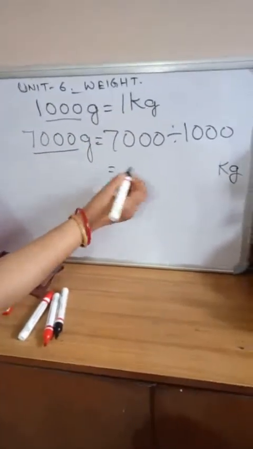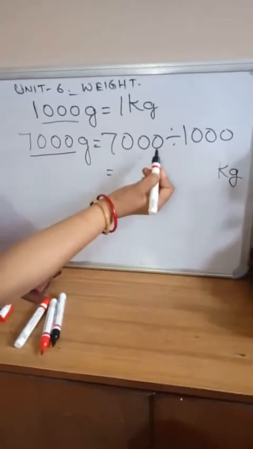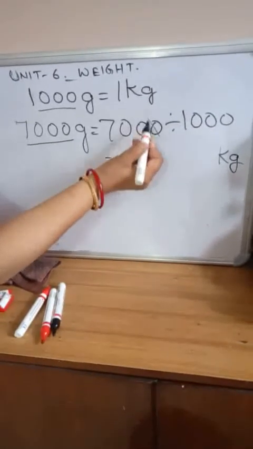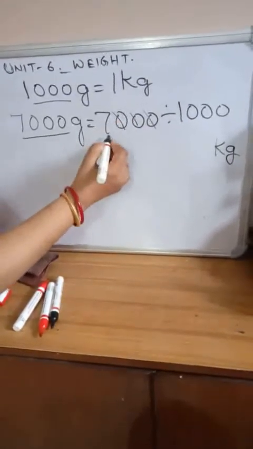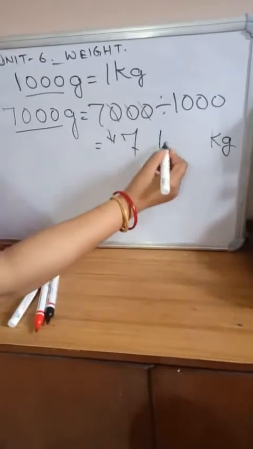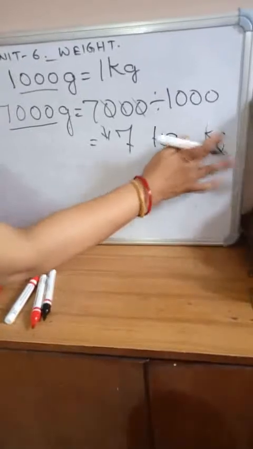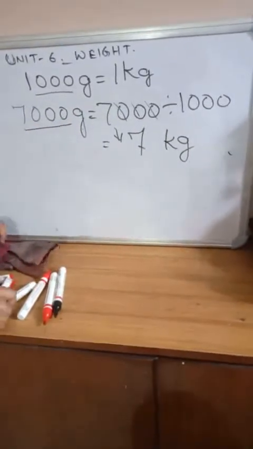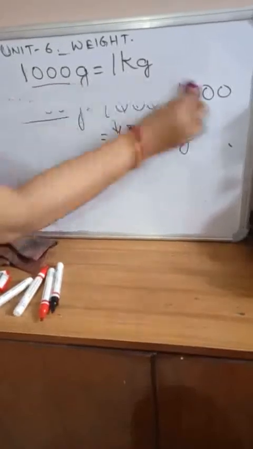So 1000 has 3 zeros, so I am removing 3 zeros from right to left, 1, 2, 3. So what is left? That is 7. And this unit gram is converted into kilogram. In this way, the smaller unit is converted into the bigger unit.